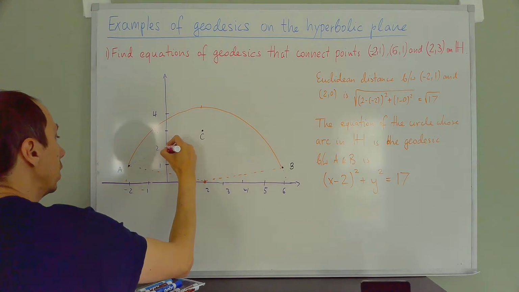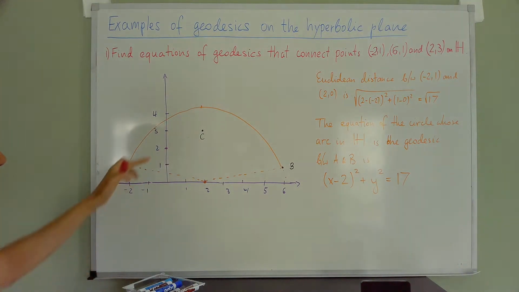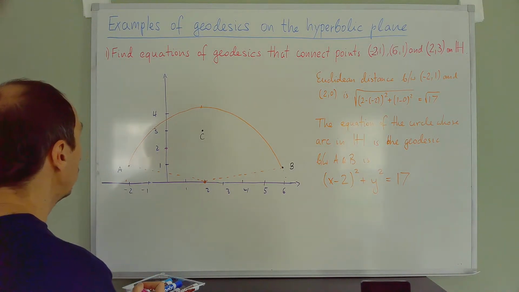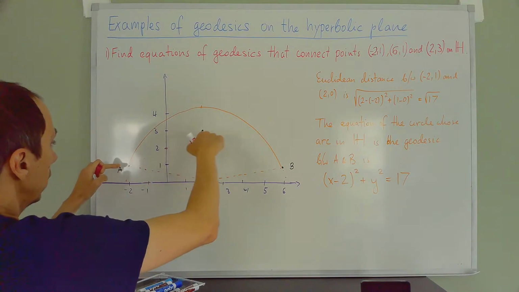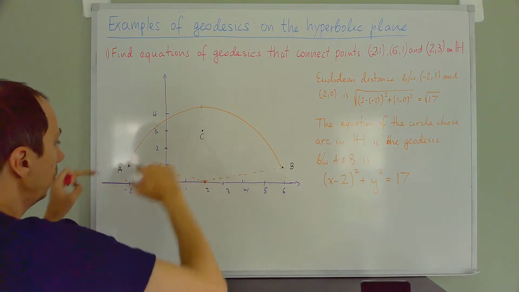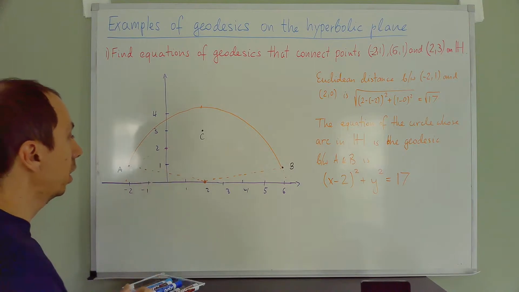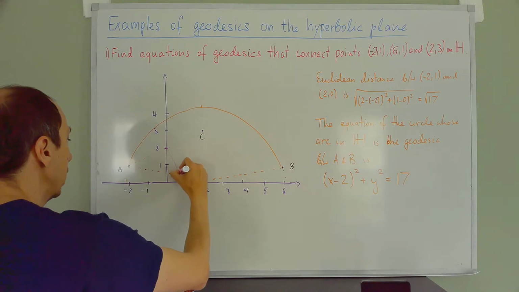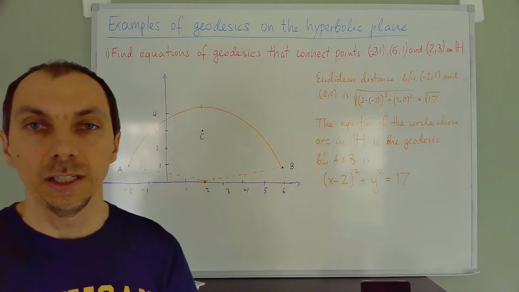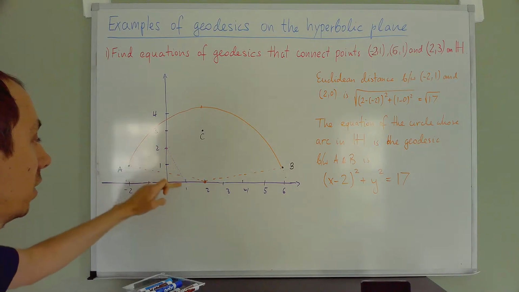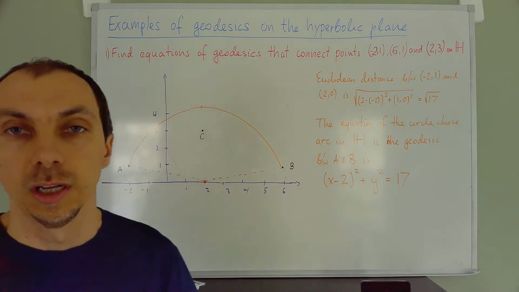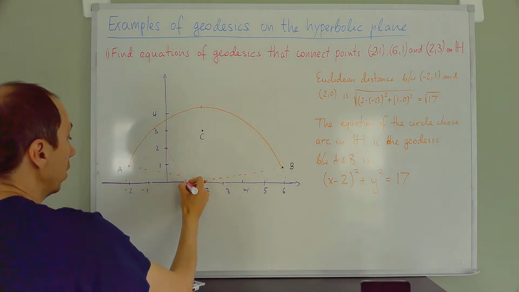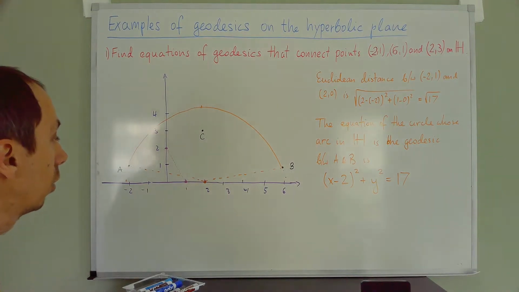The midpoint of the line segment joining them is here, 0, 2. Now I need the slope of this line, which is 2 over 4, so the slope is 1/2. Therefore, the perpendicular line has slope -2. If the line goes through 0, 2 and has slope -2, it's going to go through this point here, 1, 0.